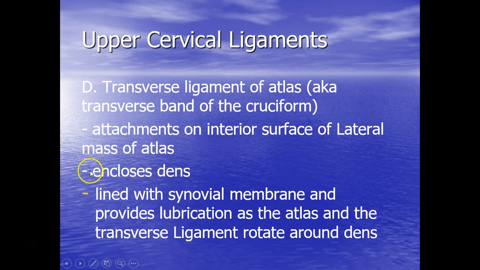It basically surrounds or encloses the dens, and it is lined with synovial membrane that provides lubrication as the atlas and the transverse ligament rotate around the dens. Okay, and obviously as the atlas rotates around the dens, the head moves with it. So it's really atlas and the head, or the cranium, that are rotating around the dens or odontoid process of C2 at that point.